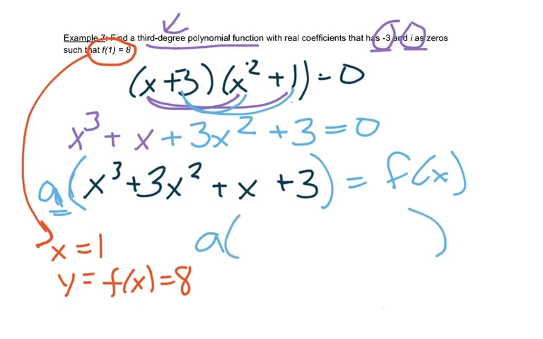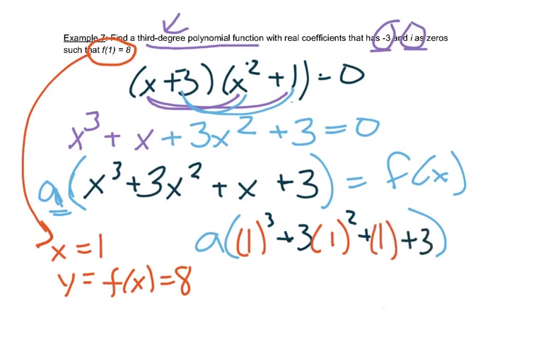But I'm going to make x be 1 to the third plus 3 times 1 squared plus 1 plus 3. And this is my y, or my f of x, right here. So that has to equal 8. So that's what this is telling me right here. So then I simplify it because this is going to help me find a.